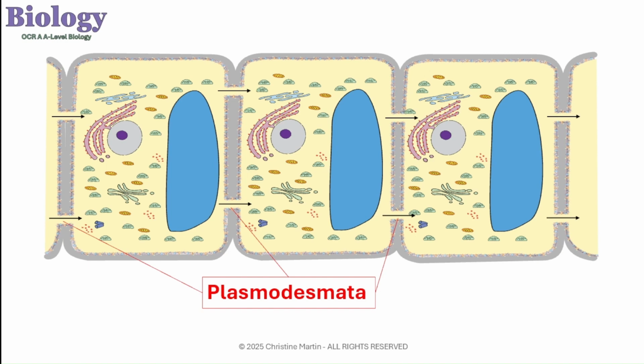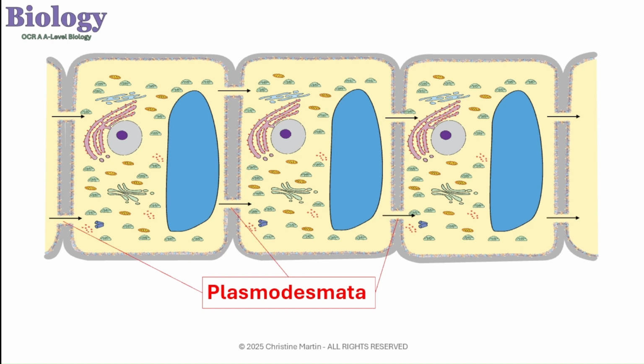Now, each plasmodesma is lined with the plasma membrane and contains a thin strand of endoplasmic reticulum, known as the desmotubule. Now, these channels allow ions, small molecules, hormones, sugars, and even larger substances such as RNA and proteins to pass directly between the cells.